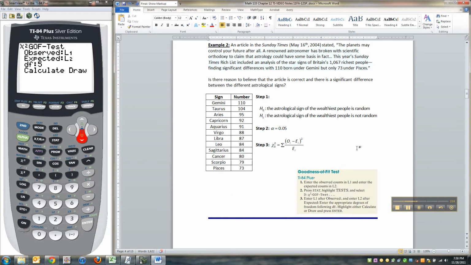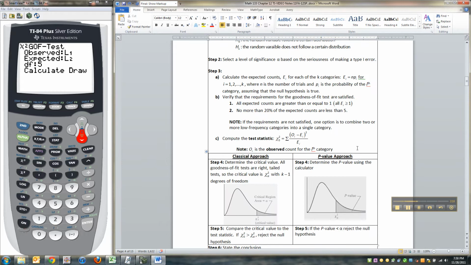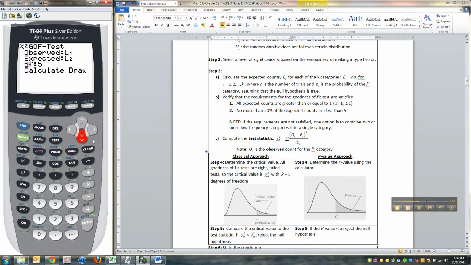Now remember, your degrees of freedom is related to the number of categories you have. So for our purposes, we have 12 categories because there's 12 astrological signs, and it's k minus 1. So for us, it's going to be 11. Go down to Calculate, press Enter, and there you go.